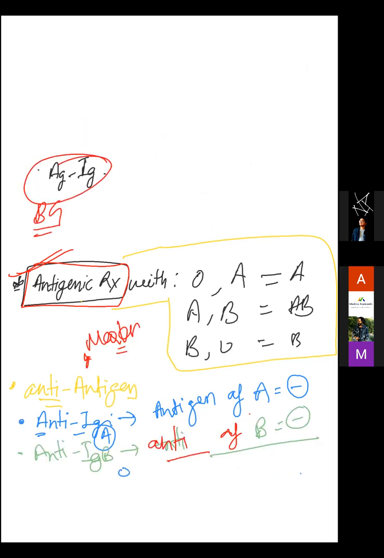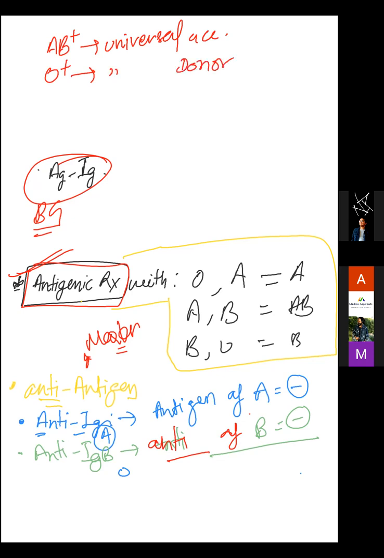Just remember, I think everyone knows O blood group. AB blood group can take anyone's blood. So that's why it is the universal acceptor. O positive can give to anyone. That is the universal donor.